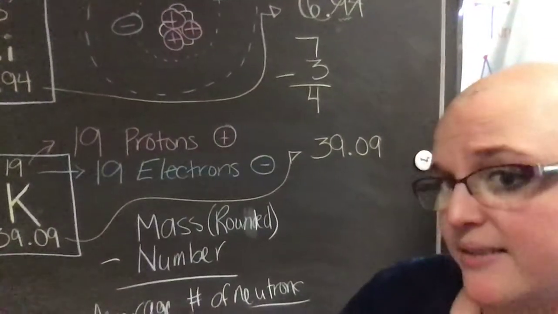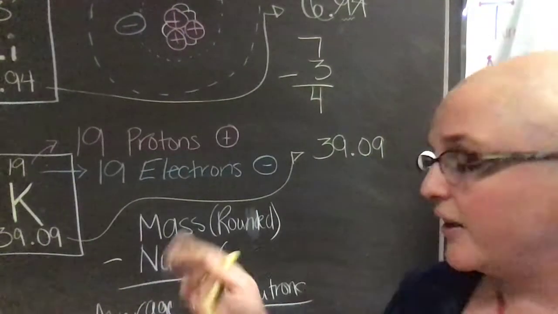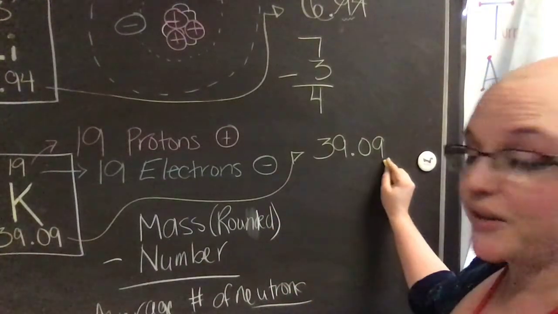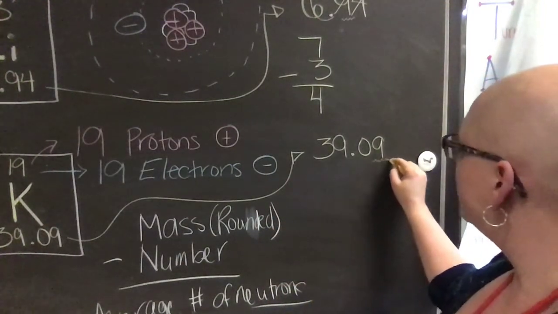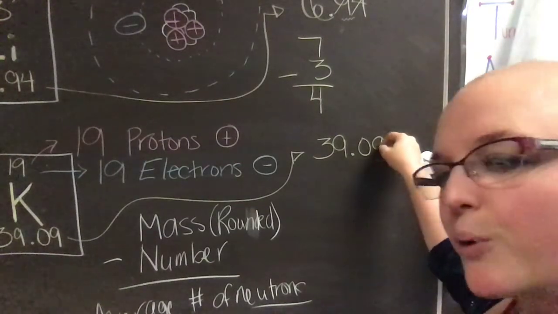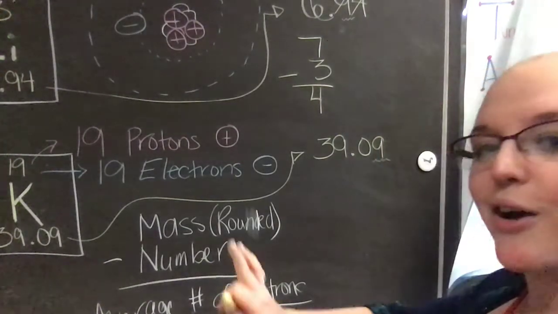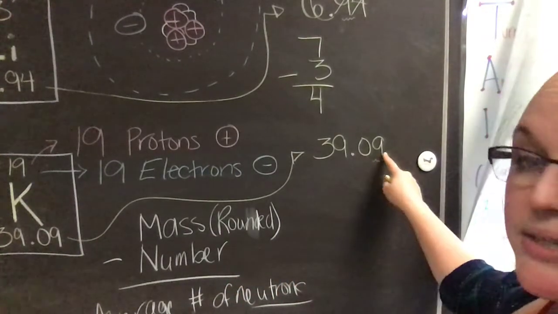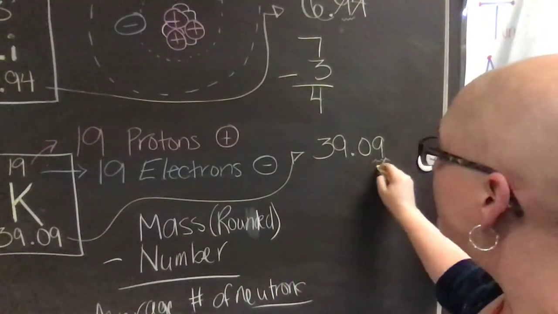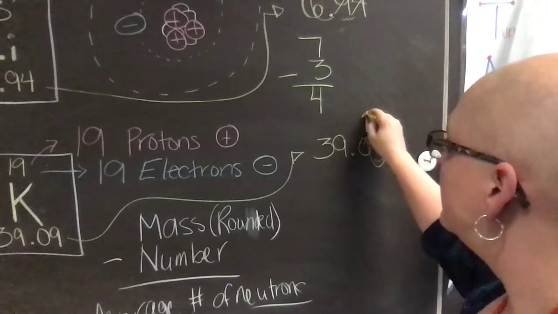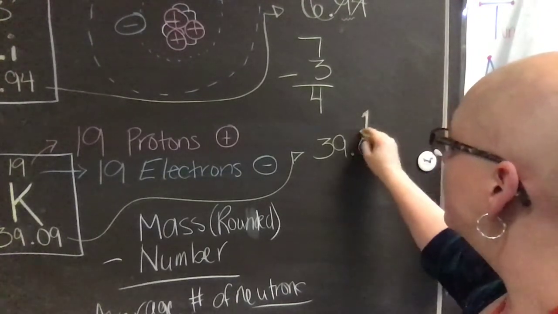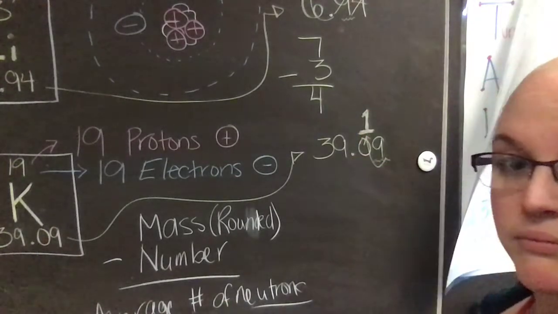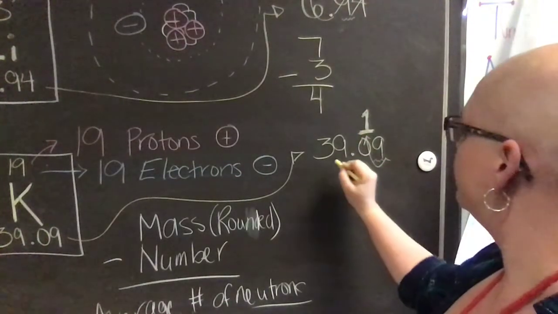With this mass, I'm going to start figuring out what I want to do with my digits. And in fact, I'm actually going to begin all the way over here. Look at 39.09. Remember, if it's 4 or below, let it go. If it's 5 or above, give it a shove. Well, in this case, I'm going to want to shove up to make this one 39.1. Okay.